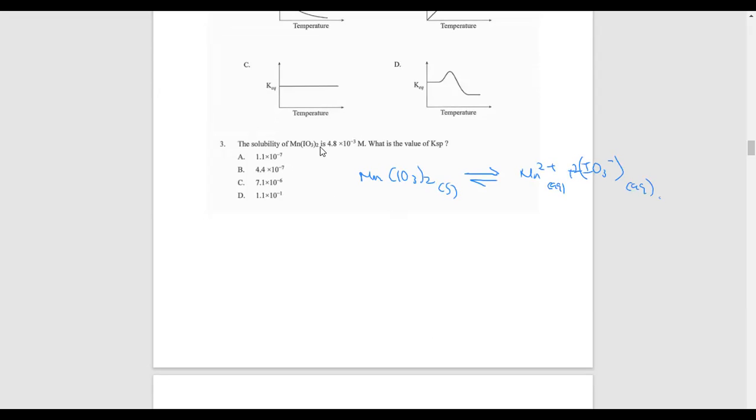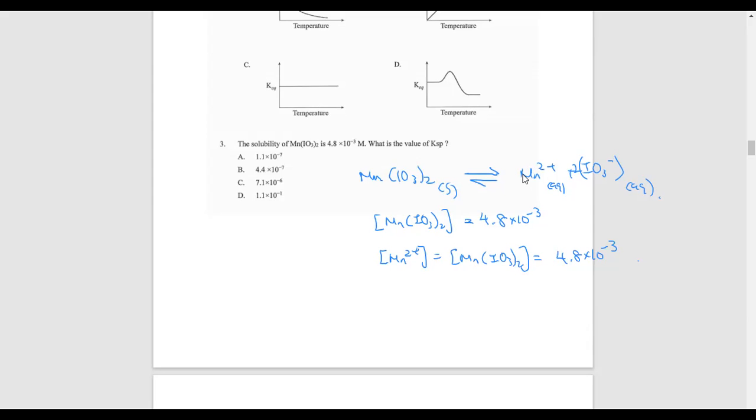Now you know the solubility is 4.8 times 10 to the negative 3 moles per liter. So that means the concentration of Mn(IO3)2 is 4.8 times 10 to the negative 3. But considering that you've got one of these to give you one of those and two of those, that means when this occurs, the concentration of manganese will just be the same as the concentration of the compound, which is 4.8 times 10 to the negative 3.